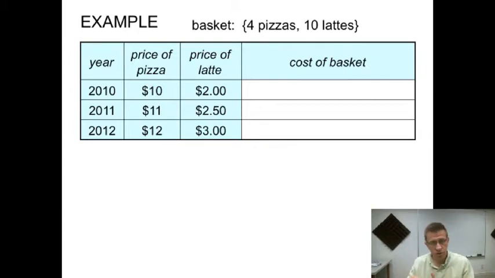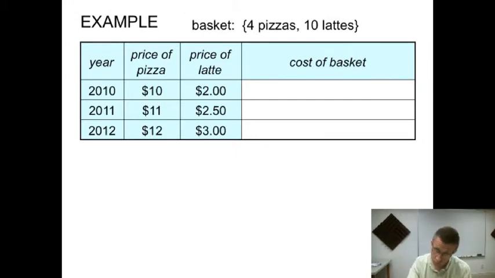So, the two things: what is the cost of the basket for all 3 years, and what is the CPI level for all 3 years? Go ahead and pause it now. Take a few minutes, it might take 5 minutes or so, but I think you'll appreciate attempting this before we just go through it. I think it'll help you learn it a lot better.